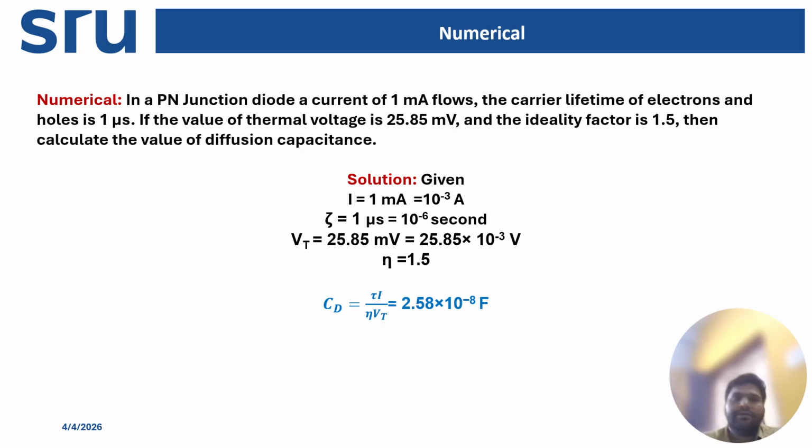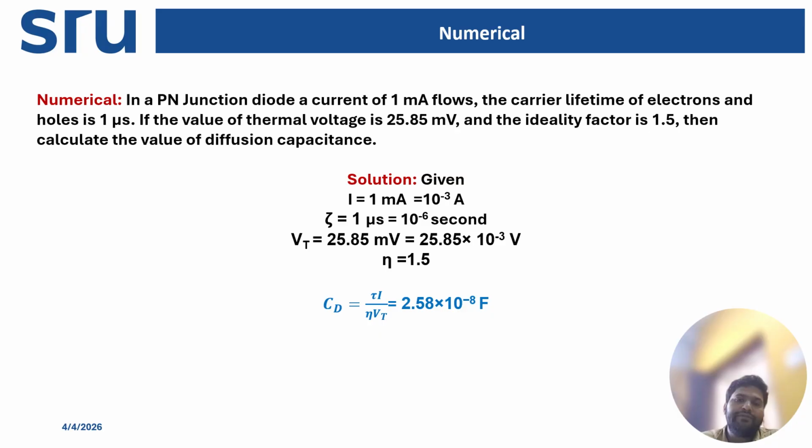Now another type of numerical, for diffusion capacitance. In a PN junction diode, a current of 1 milliampere flows, and the carrier lifetime of electrons and holes is 1 microsecond.